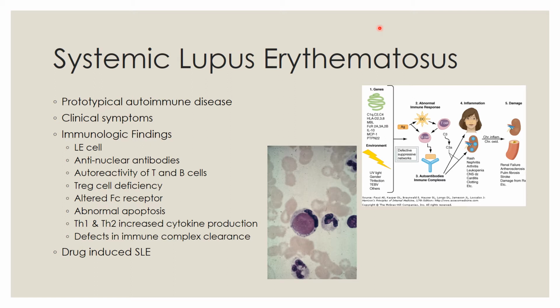So normally that Fc receptor has a limit on it, so the B cells can't just continue to react constantly. But the Fc receptor on this particular antibody is altered, and the B cells are able to produce antibody for a much longer period of time than a proper Fc receptor would allow. Okay, and then also these cells have abnormal rates of apoptosis.